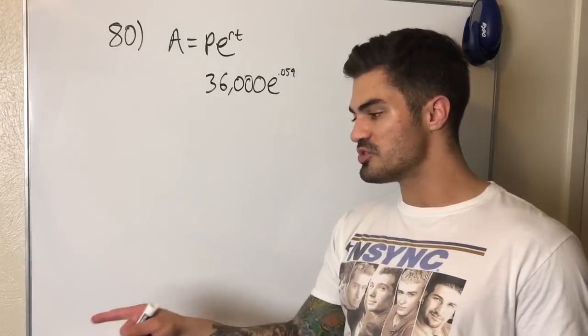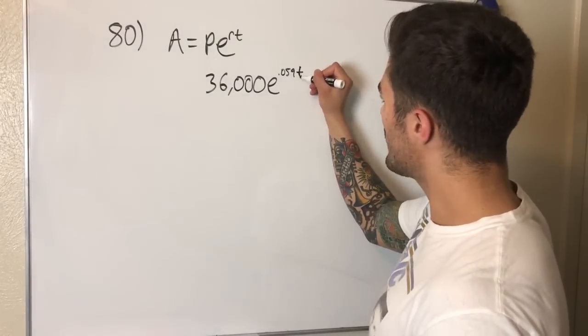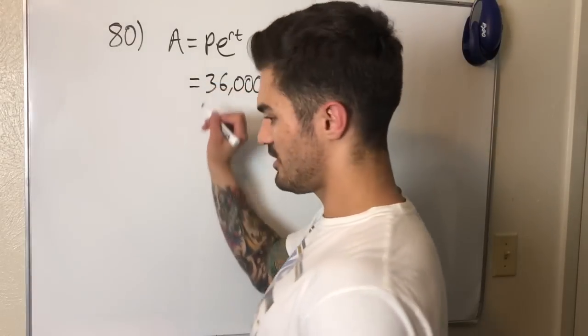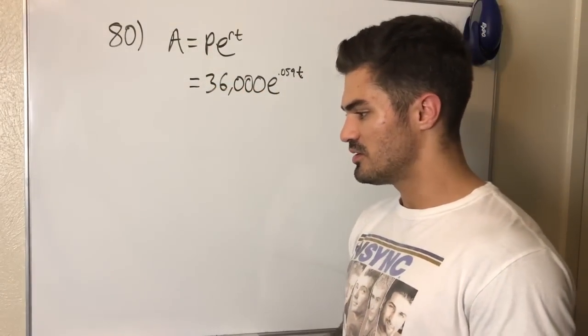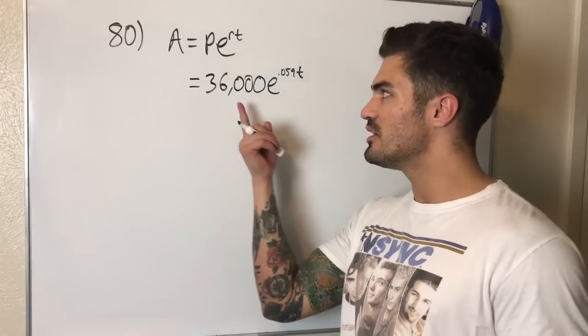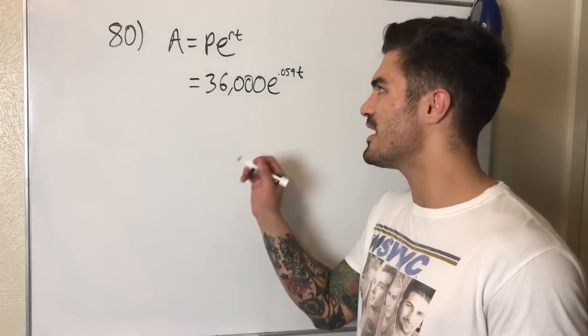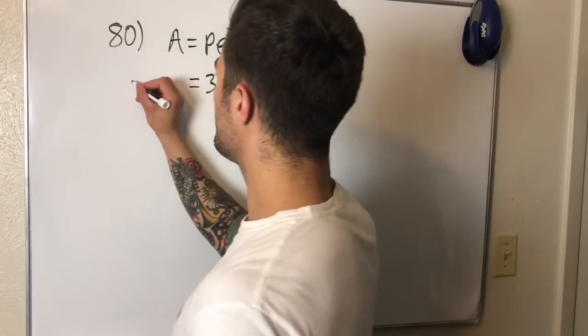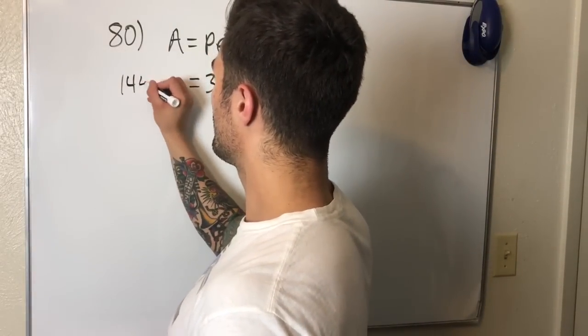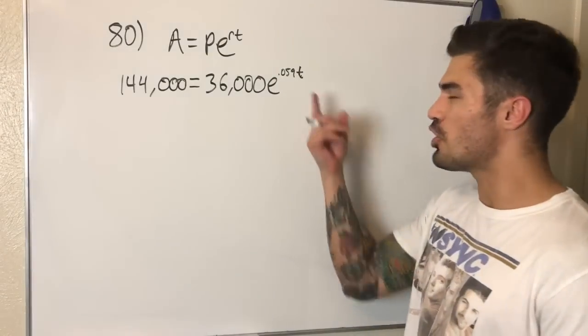Determine how long it will take the money to quadruple. So the t is what we're solving for. So that means we have to have an A. What is our A? Let's see. How long will it take the money to quadruple? So A is quadruple this 36,000. So if I can do some quick maths here, I think that's 144,000. So what we can do is solve for t.